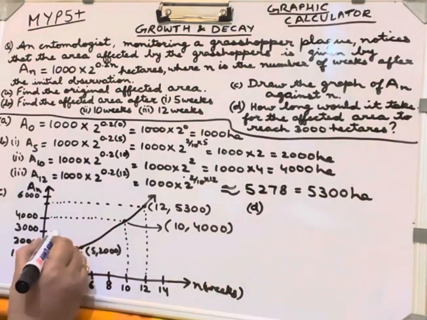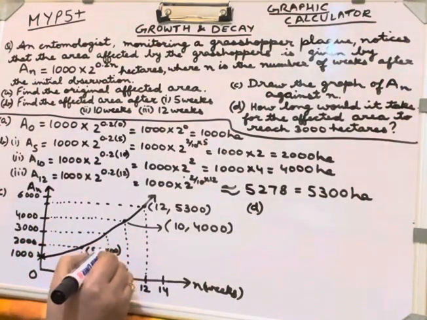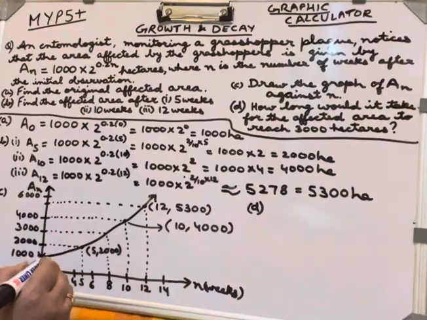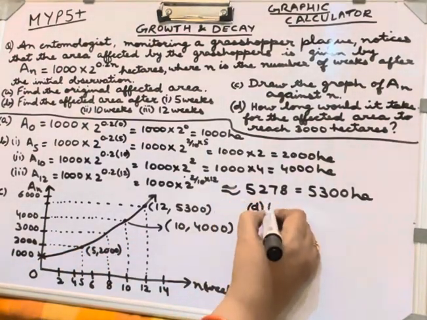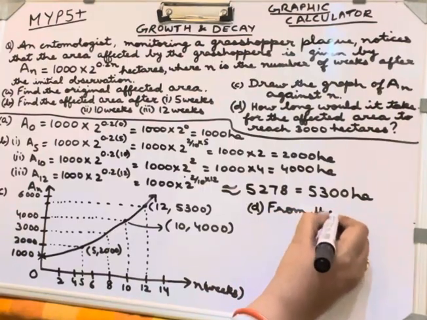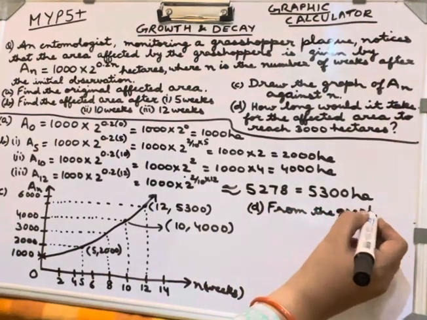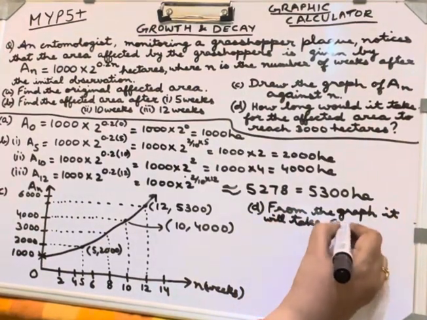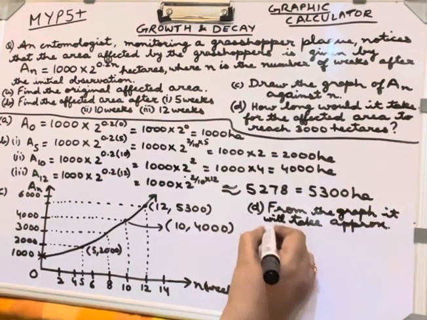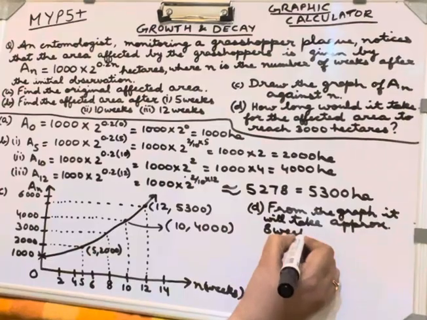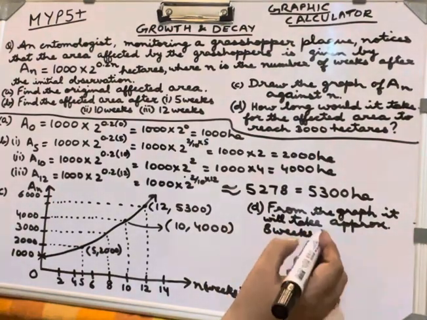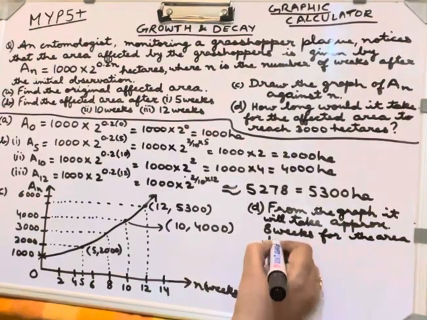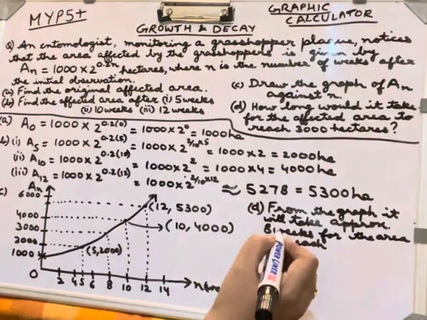So from the graph, we notice that it will take approximately 8 weeks for the area to reach 3000 hectares.